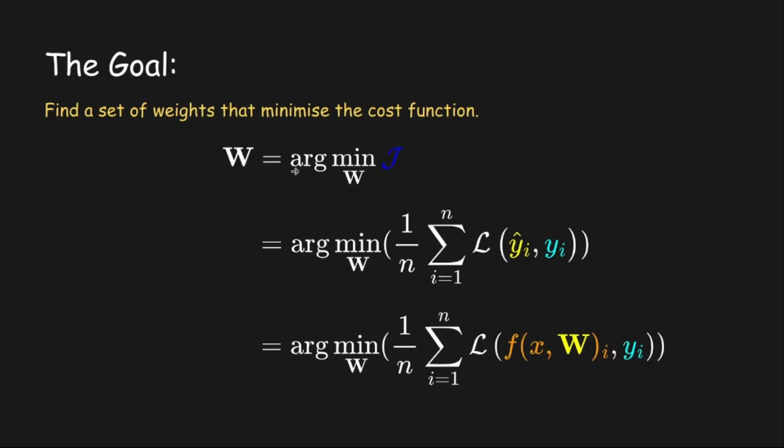So here the argmin function basically means the set of weights where this cost function is minimum. The cost function can be represented like this here, and we know what this y hat is, so we substituted the value of y hat here. y hat is basically a function of x, which are the input parameters, and w, which is the weight.